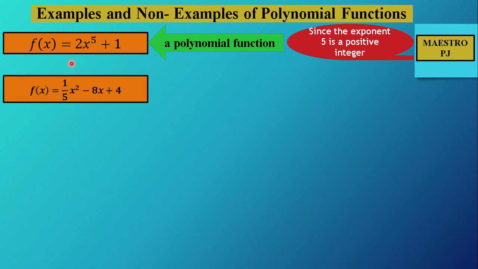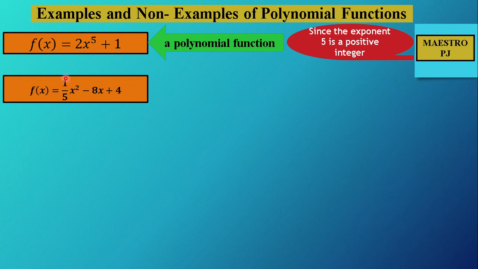Next one. f of x is equal to 1/5 x squared minus 8x plus 4. Is it an example of a polynomial function? Ano yung mga bawal sa polynomial function? Dapat daw hindi tayo magkaroon ng negative na exponent or fractional exponent.